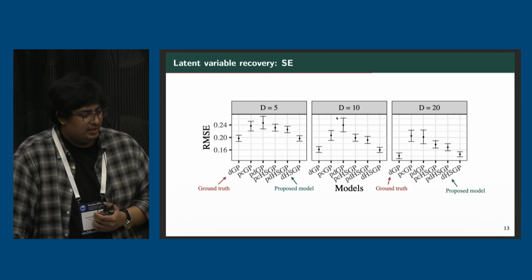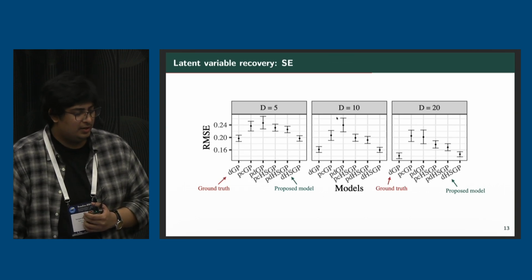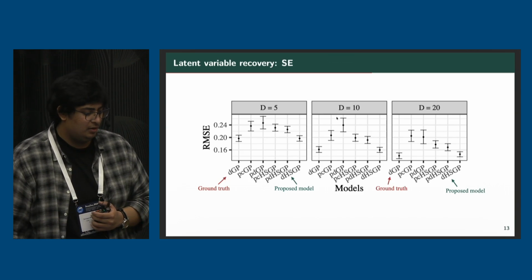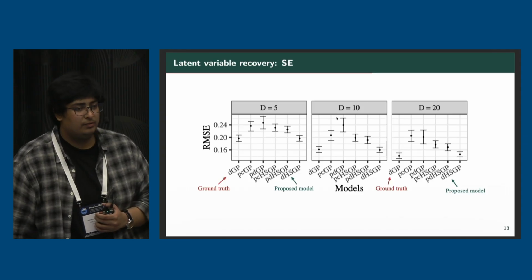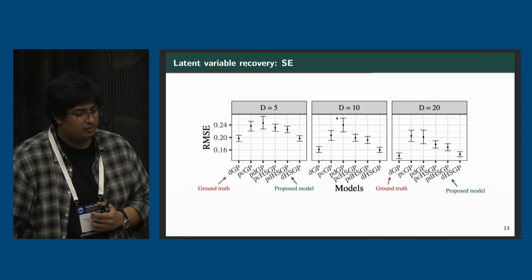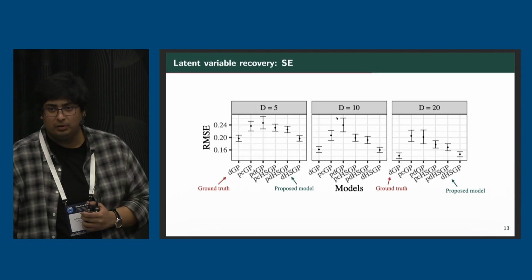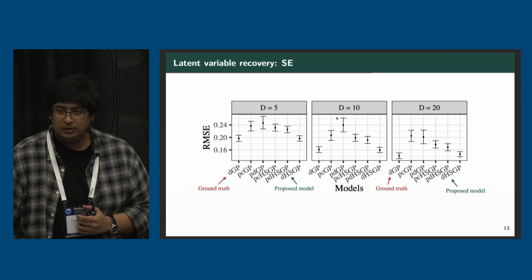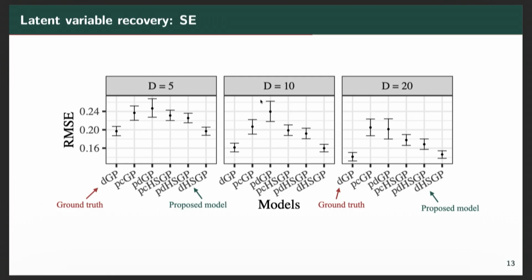So what we see is that we actually get the same level of accuracy with our approximate models, the HSGP, which is our proposed model, when compared to the ground truth. Quite expectedly, we see massive improvements over the partial models, where of course the partial models leave out so much information.